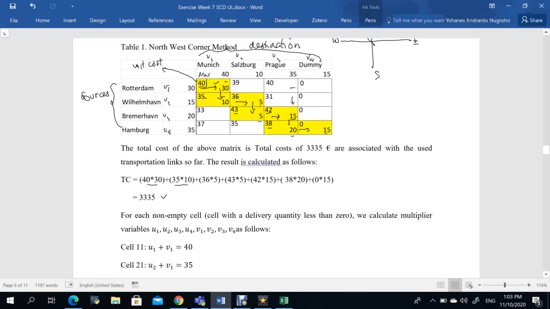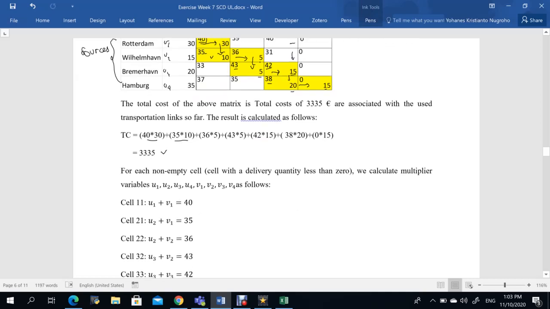And then cell 2,1 equals 35. And then cell 2,2, that is U2 plus phi 2 equals 5. And then U3 plus phi 2 equals 5 again. U3 plus phi 3 equals 15. U4 plus phi 3 equals 20, and U4 plus phi 4 equals 15. And therefore we have the following.